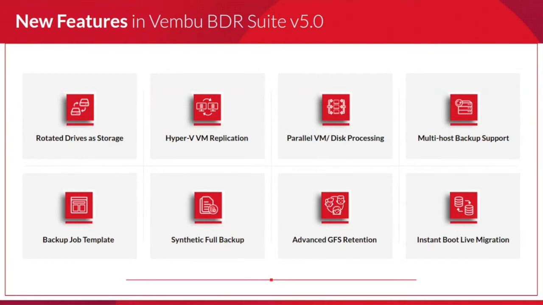Yeah. So next, we started supporting replication for Hyper-V VMs. Until version 4.0, you could just replicate VMware virtual machines from one ESXi to another ESXi. Now, from version 5.0, you can replicate Hyper-V virtual machines also.